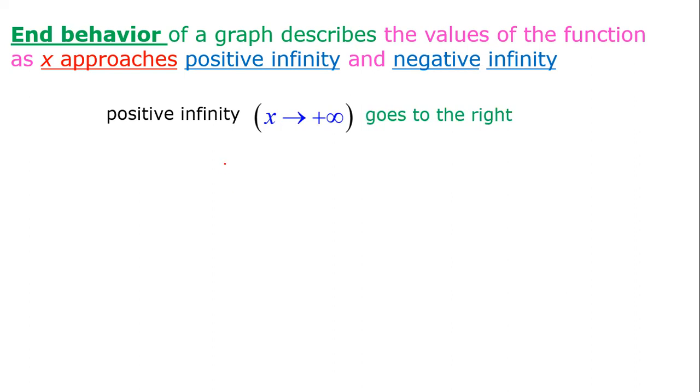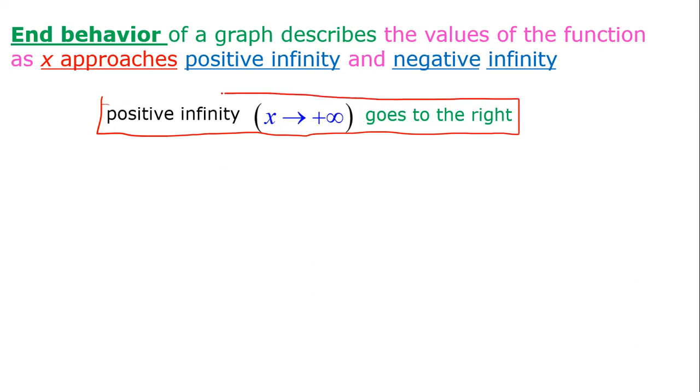So this is important. When we're describing end behavior, we're saying what happens to our graph as it goes forever to the right. Okay. And when we're describing it, this is the notation for it. X goes to positive infinity.